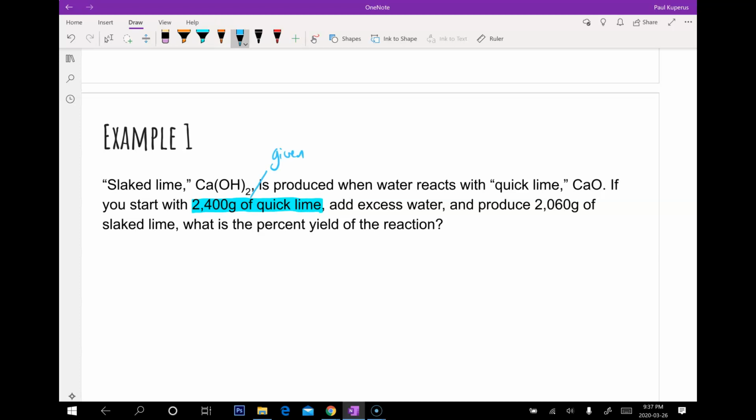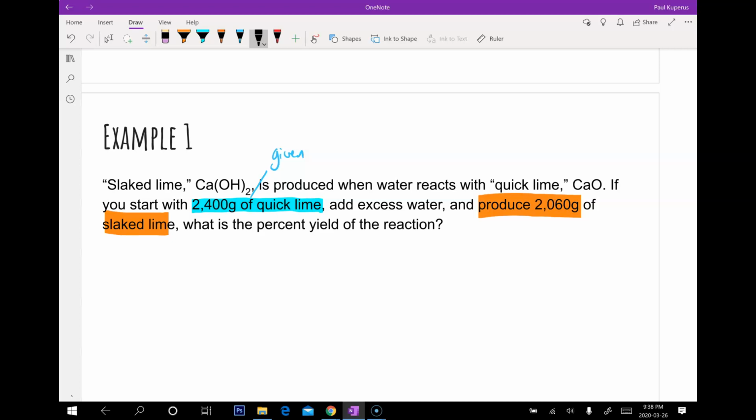Now, what about this information here, to produce 2,060 grams of slaked lime? Is that my wanted? Is that my actual value? Is that my predicted value? Well, if we use 2,400 grams of quicklime, how much should we have produced? Let's do the stoich and figure it out.